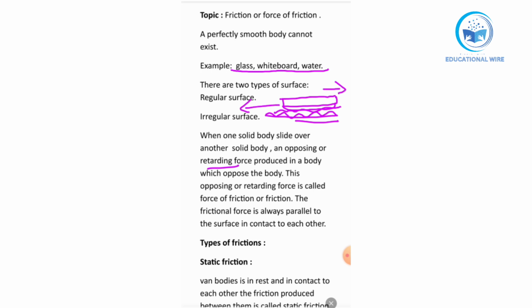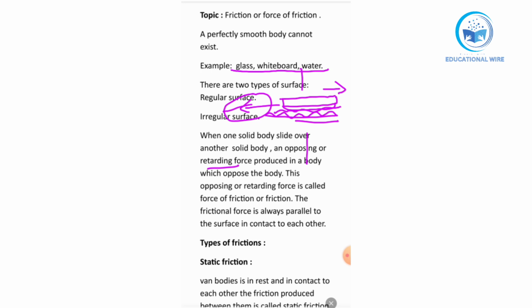From the other side, a frictional force or a retarding force will come, opposing the force, and here the weight is downward and the reaction is upward. The retarding force will move backward, which opposes the body. This opposing or retarding force is called the retarding frictional force, the force of friction, or friction.